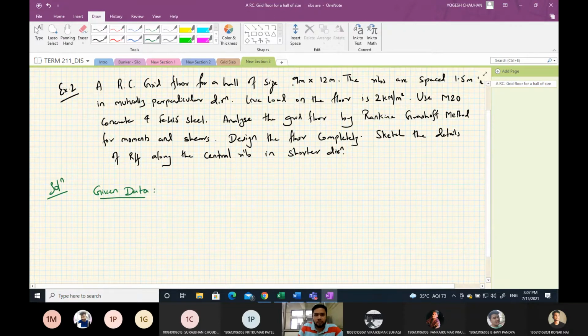Given data. So we have been given a hall size of 9 meter by 12 meter. Then the ribs are spaced 1.5 meter center to center in mutual perpendicular direction. So it is an orthogonal square grid floor.